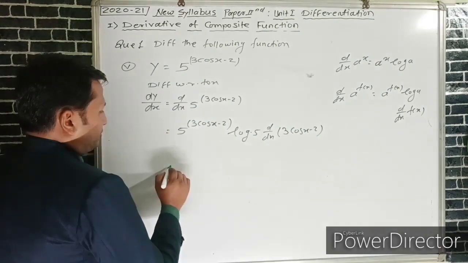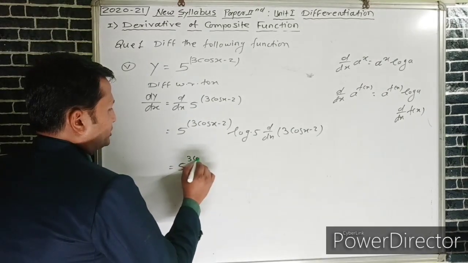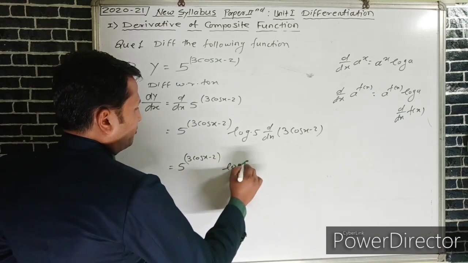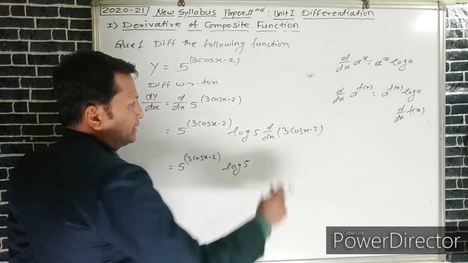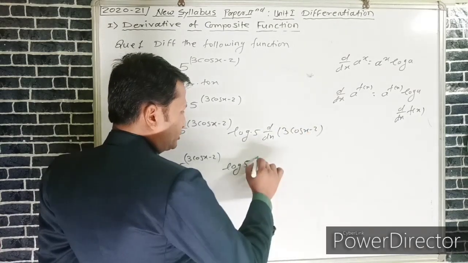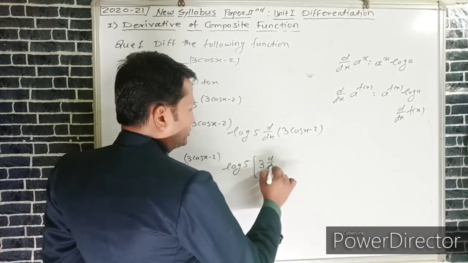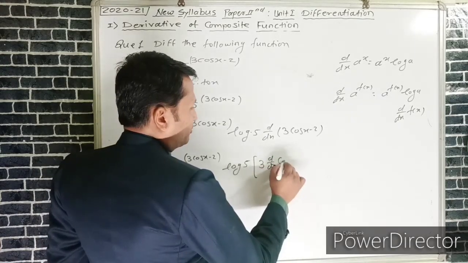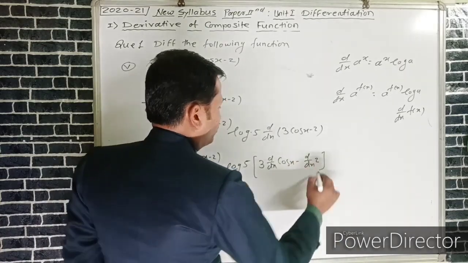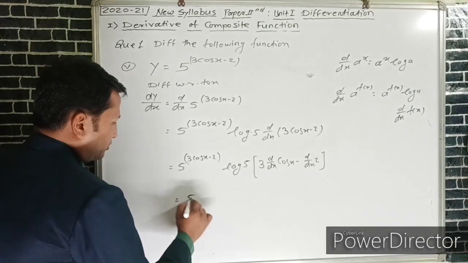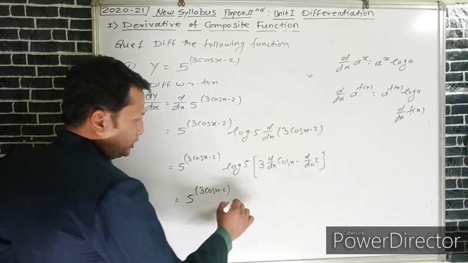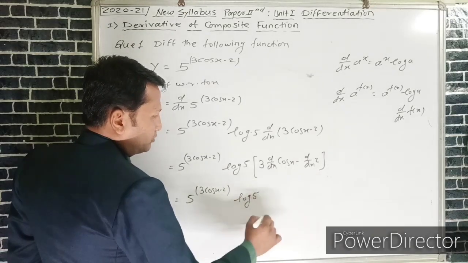The derivative of 3 cos x minus 2: 3 is a constant, so we take a separate derivative of cos x and a derivative of 2, which gives 5 raised to the power 3 cos x minus 2 into log of 5.